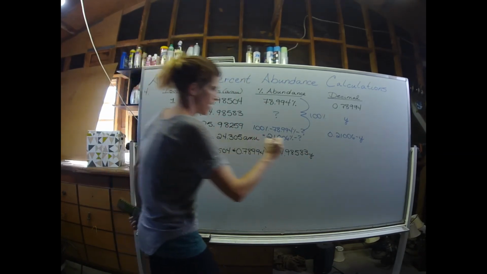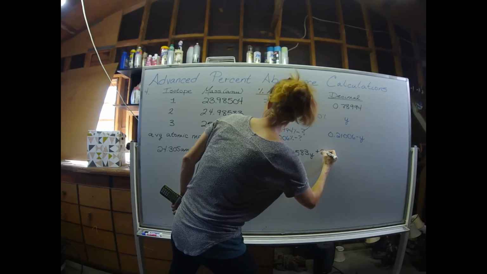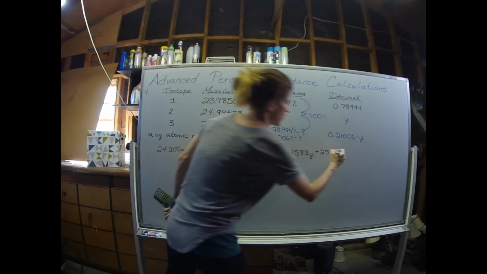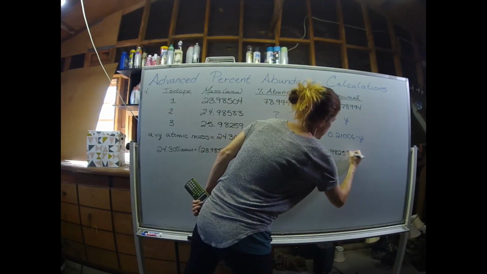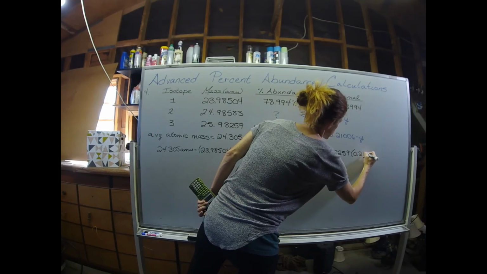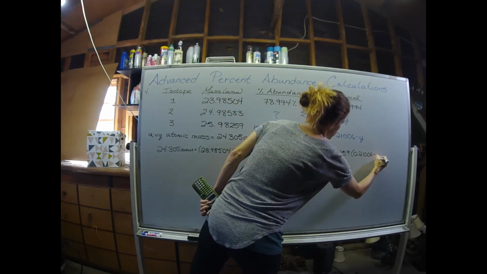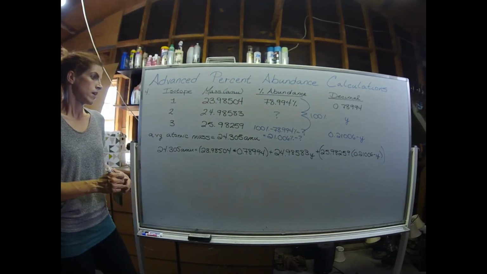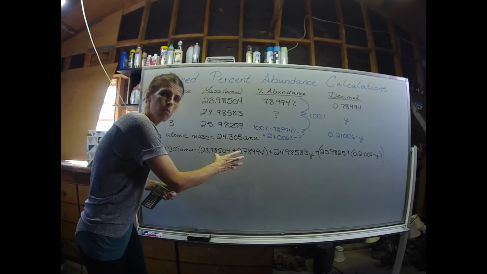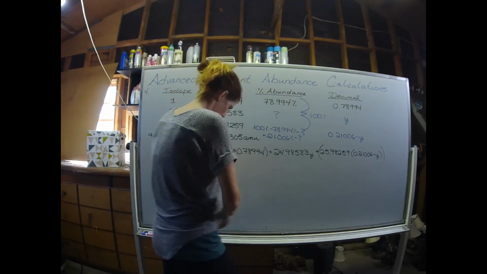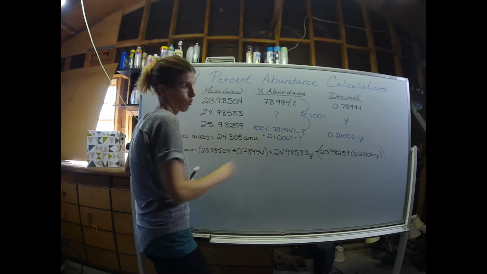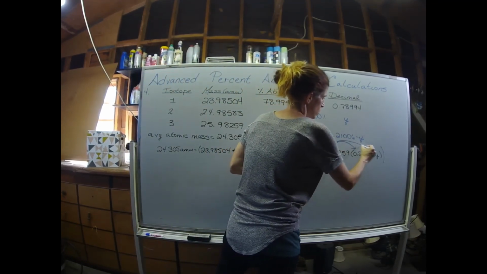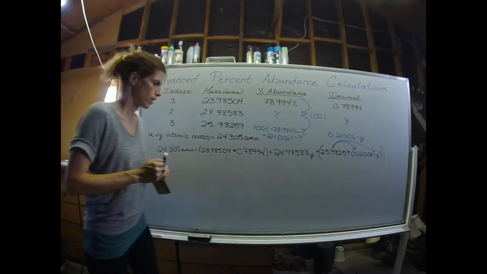And then we're going to do the third mass, 25.9, times its percent abundance. I want to get rid of the parentheses, so I'm going to multiply, and then I'm also going to do some distribution over here. So I'll distribute this 25.9 value to both of the things inside the parentheses.